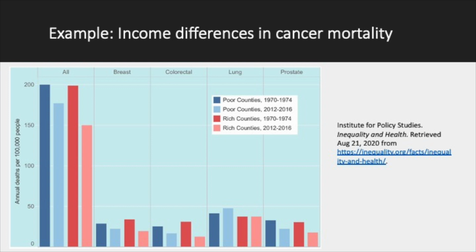We can also look by type of cancer and see some differences in just these four types. But the takeaway here is that there are clear income differences in cancer mortality, whereby people who live in lower income counties are more likely to die of cancer compared to people residing in high income counties. So we're going to talk about why we see this.